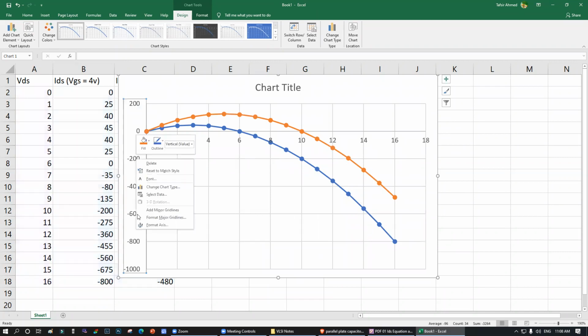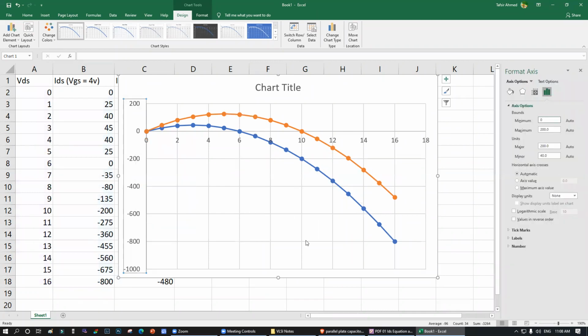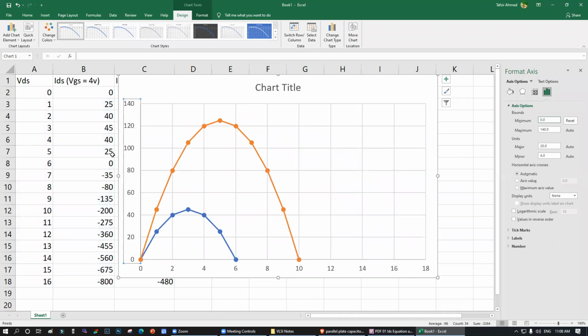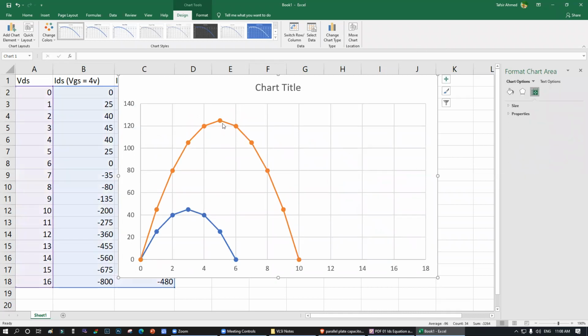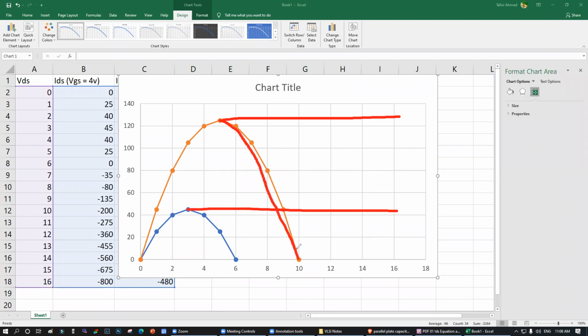So we will just format the axis and make it 0. That's fine. Now look at this. Here, our equation, we thought our current should go up, up, and up, right? And after some point, it should be like this, right? But see, our current is going down, right? So something is wrong.